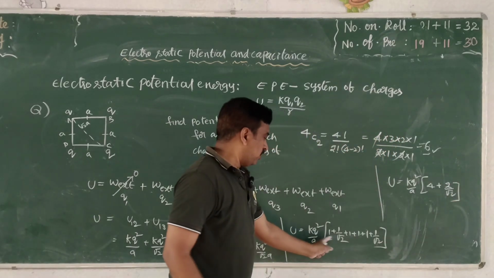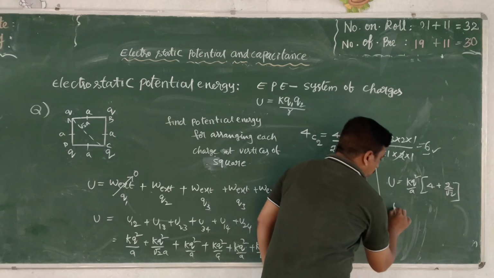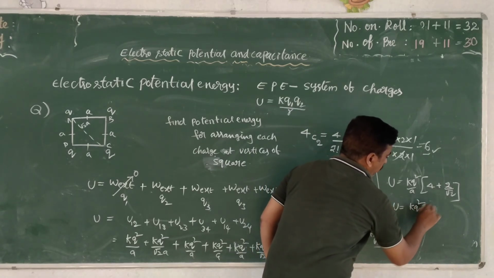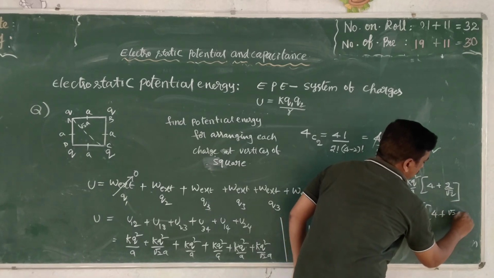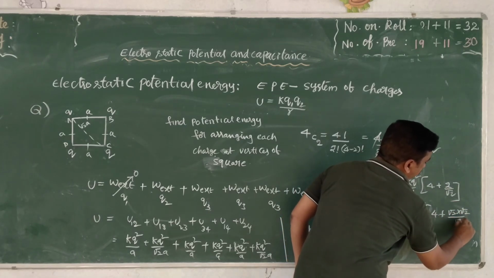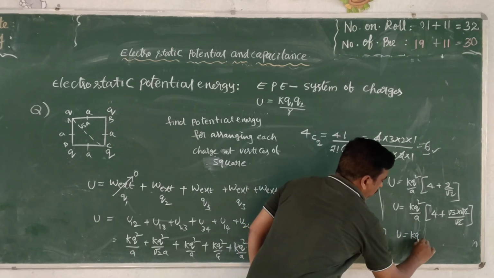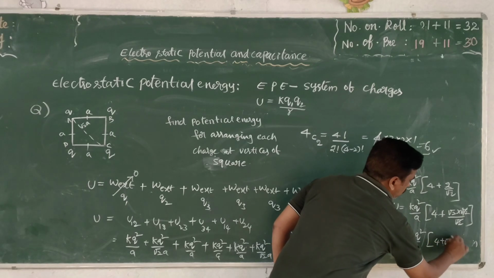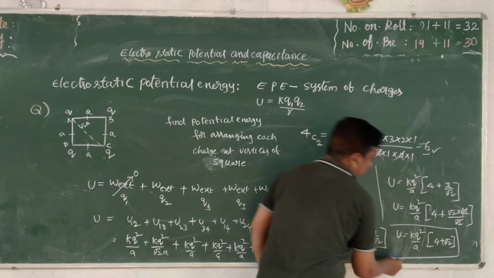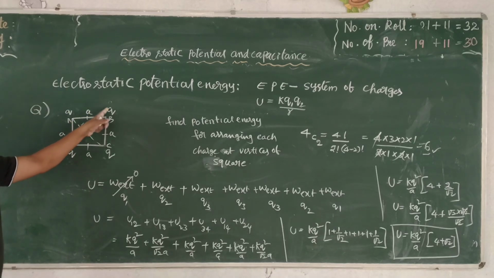This 2 can be written as root 2 into root 2 by root 2, the root 2s cancel, and we get U equals k q square by a into (4 plus root 2). This is the potential energy required for arranging 4 charges at each vertex of the square.